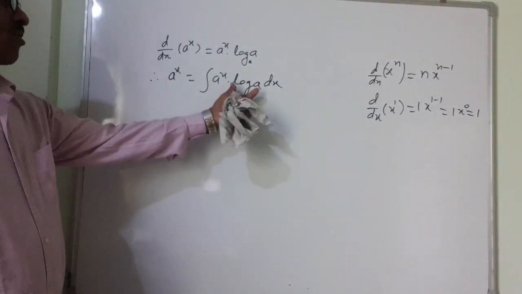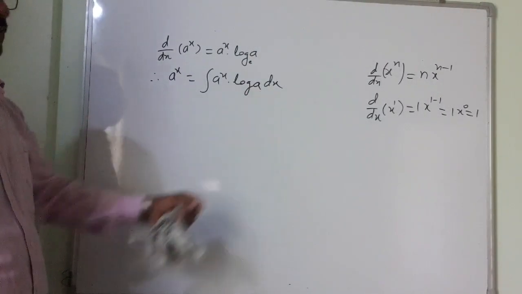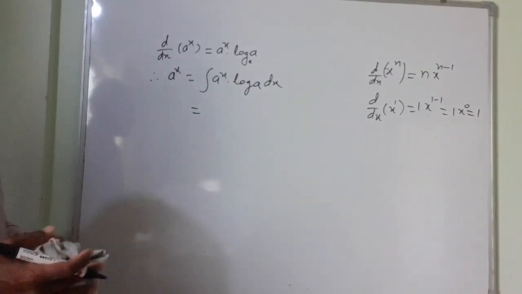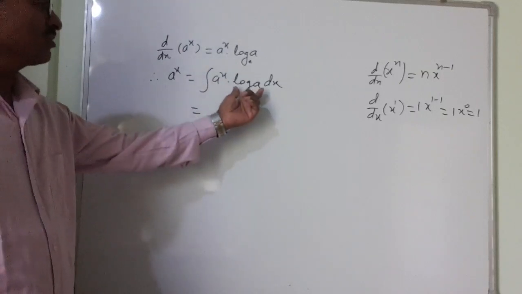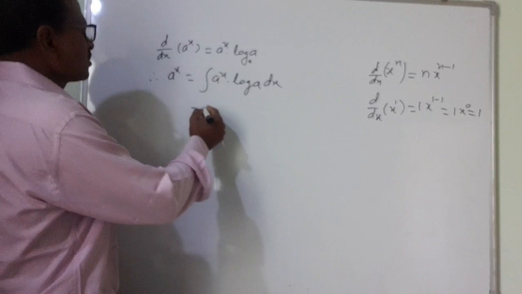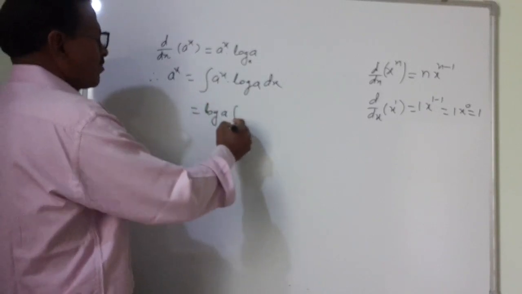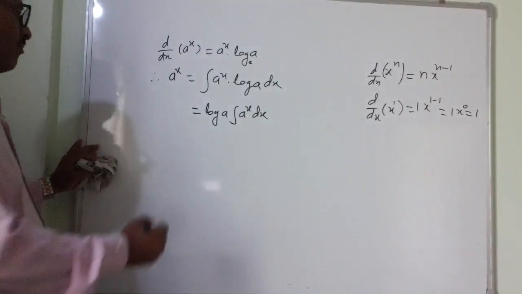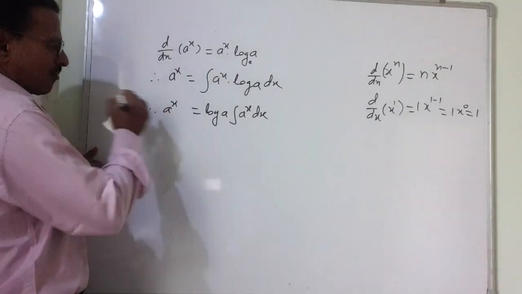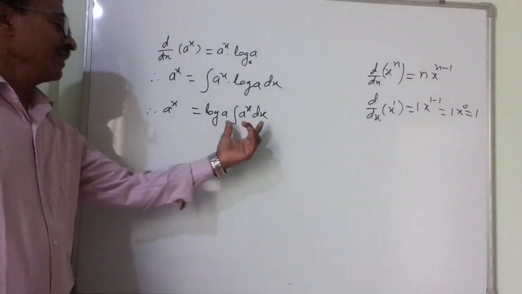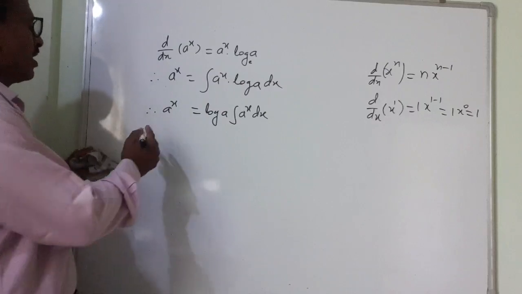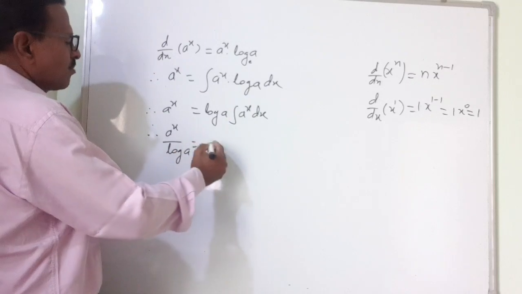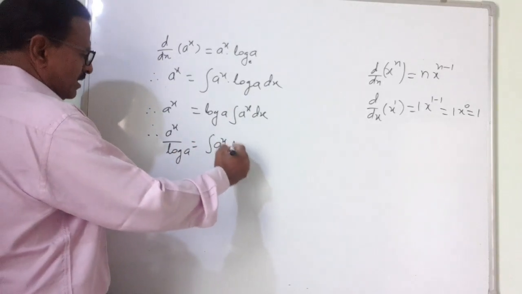Now out of this, log of a is a constant term. What do we integrate? The variables. This is a variable, this is a constant, so take it out. Log of a into integration of a raised to x dx. I want to find the integration of this, so bring it here. Therefore, a raised to x upon log of a is equal to integration of a raised to x dx.